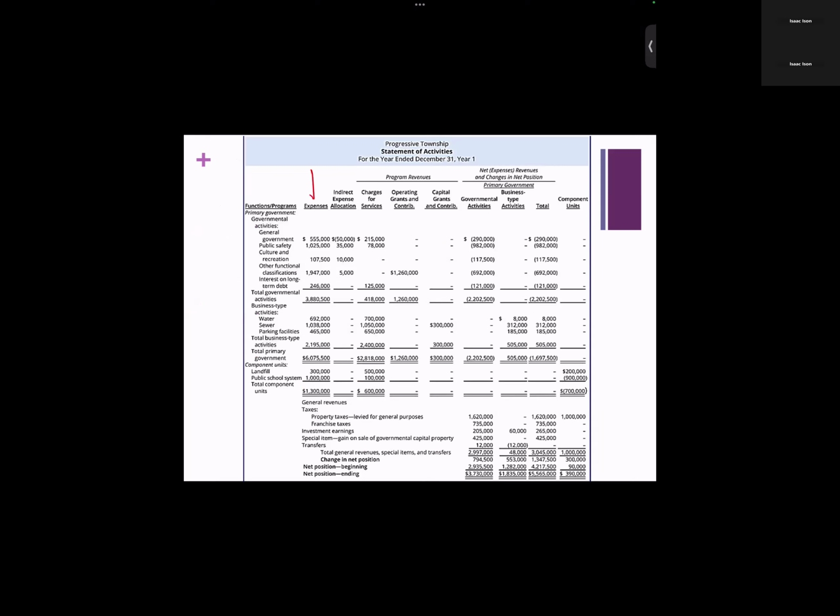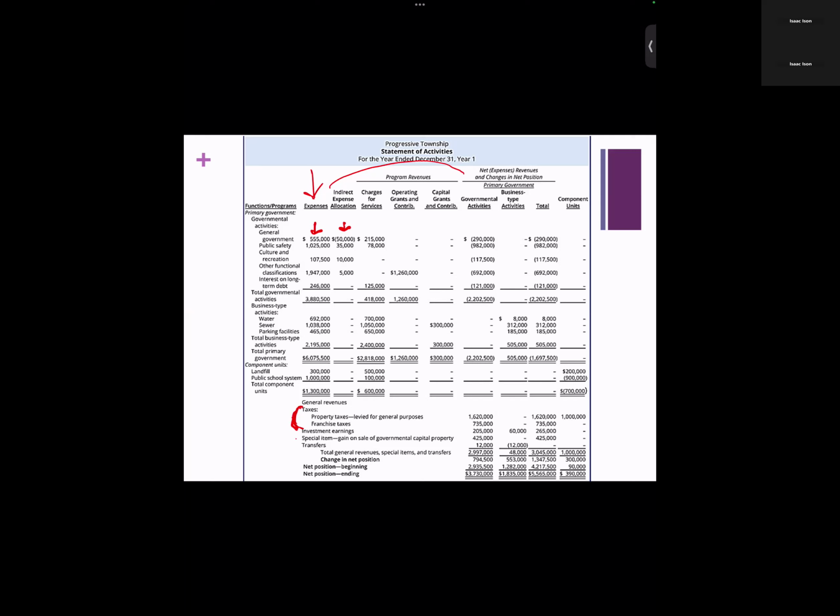So see our expenses, then our program revenues here, and then jump down here, we have our general revenues. And you can see this is where really most of the revenue is coming in. Up here, these revenues are not nearly high enough to cover all of those expenses. Okay, that's because most of our revenue comes from taxes, property taxes, franchise taxes, things like that.